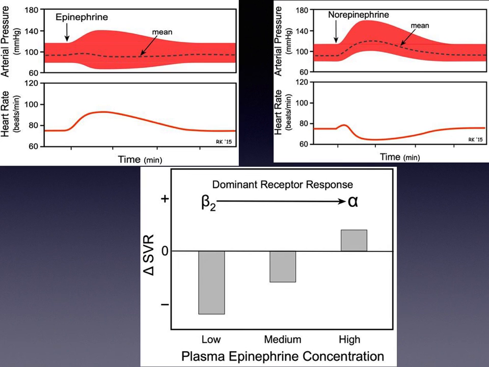And then when our concentration gets higher, lower affinity alpha adrenal receptors will bind to epi, and that really offsets the vasodilatory effects of the beta 2 adrenal receptor.